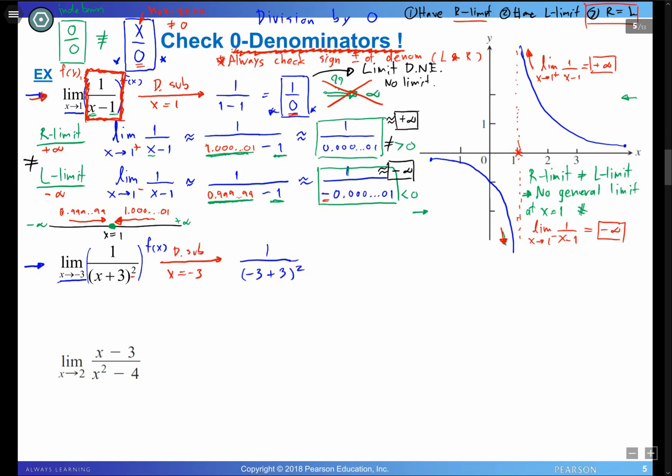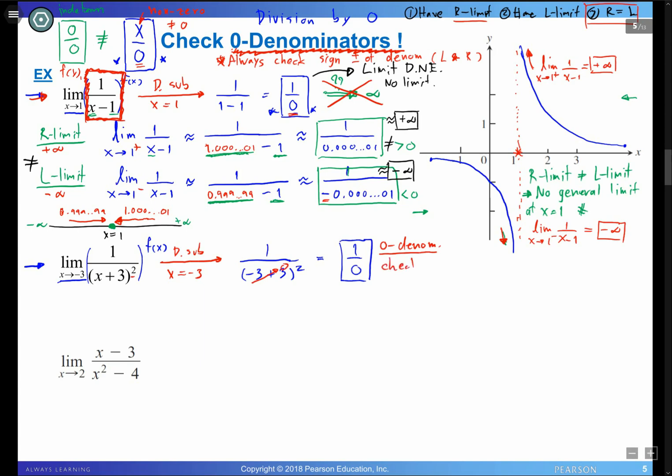Looking at this, we know that this is going to go to 0. So we have 1 over 0 squared. Of course, we have this 1 over 0, a non-zero numerator divided by a 0 denominator. Of course, this is the 0 denominator form. At this point, we know that we have to be careful, and what we need to do here is to check the signs.